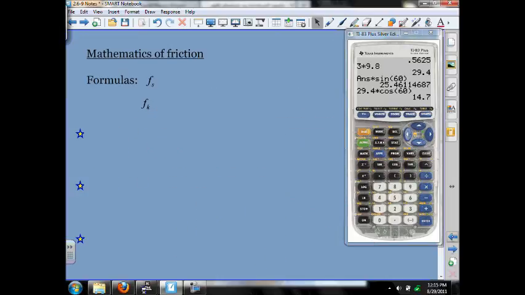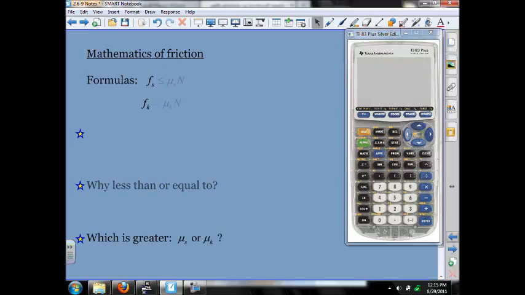I think there was one thing we didn't get to. We didn't talk about that. Why do we use a less-than-or-equal sign sometimes? The static frictional force is less than or might be equal to mu times normal force. Well, kinetic friction is equal.